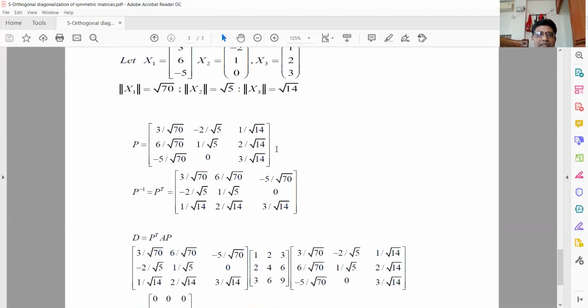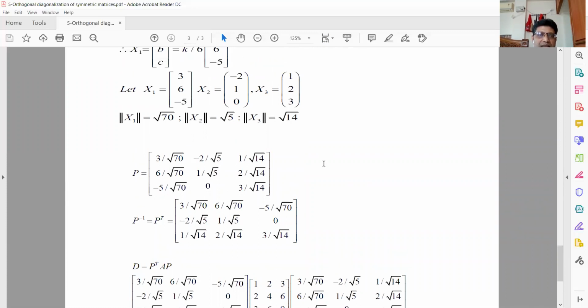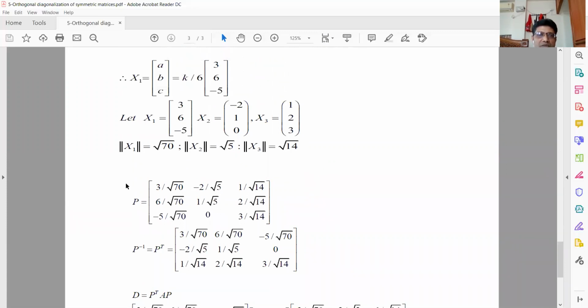Once you got P, next we want P inverse. For P inverse, there is no need to worry, because the matrix P, whatever we got after normalizing, will definitely behave as an orthogonal matrix. Once it is an orthogonal matrix, calculating its inverse is nothing but writing its transpose, because what is an orthogonal matrix?